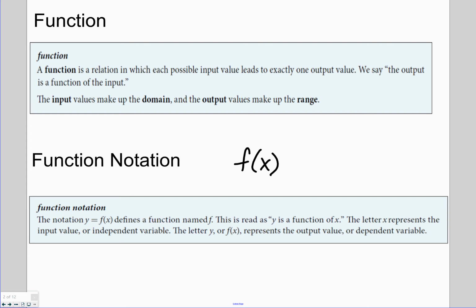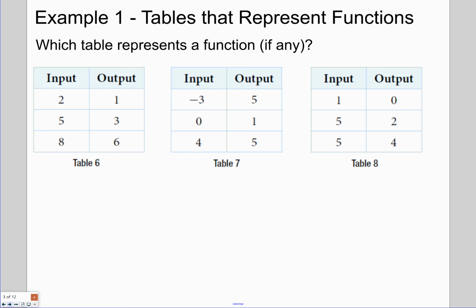Okay. So let's see how we're going to use this information to help us. We have three tables. Quickly just glance and read those tables to yourself. Let's start with table 6. Ask yourself the question, does this table represent a function?